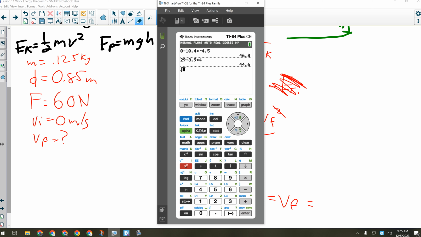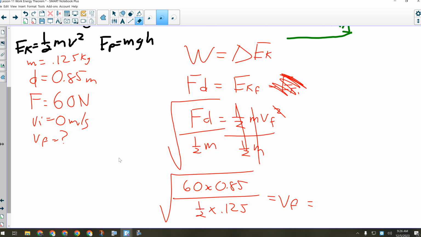So 60, actually I need brackets here. 60 times 0.85, divided by 0.5 times 0.125. Close off all those brackets. So when this thing leaves the rubber band, it should be moving at, actually we only have 2 significant digits there, so it should just be 29 meters per second.